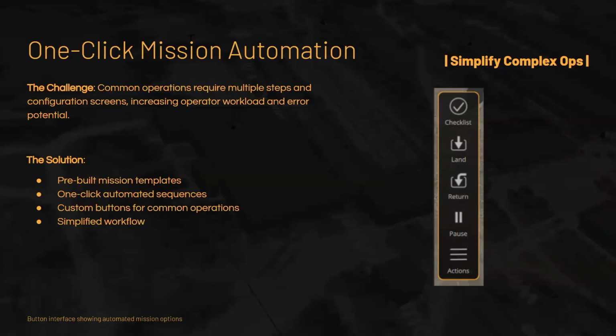But you could theoretically create pre-built mission templates that allow you to click a button and create it on the map and upload it all in one sequence. There are also common buttons for common operations when actually planning a mission. This one is very broad, but there's a lot of different things you can do with it.